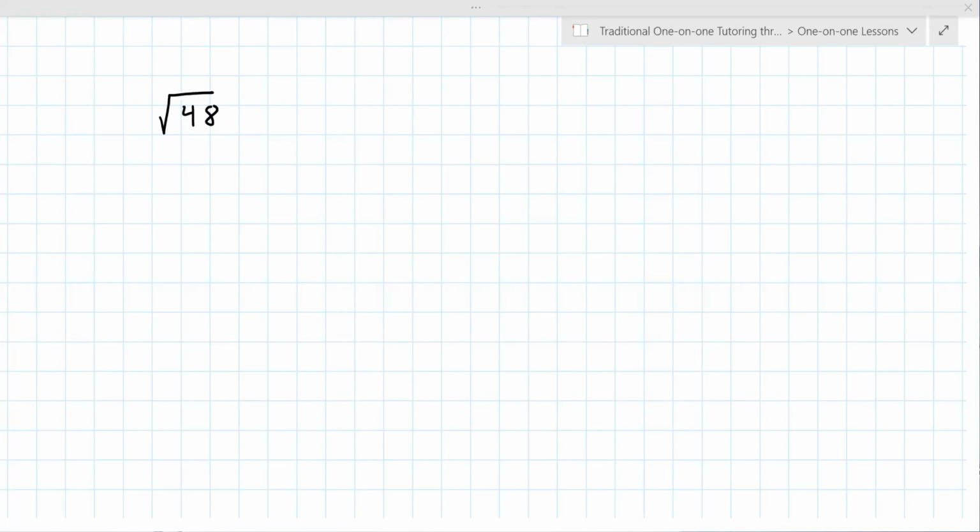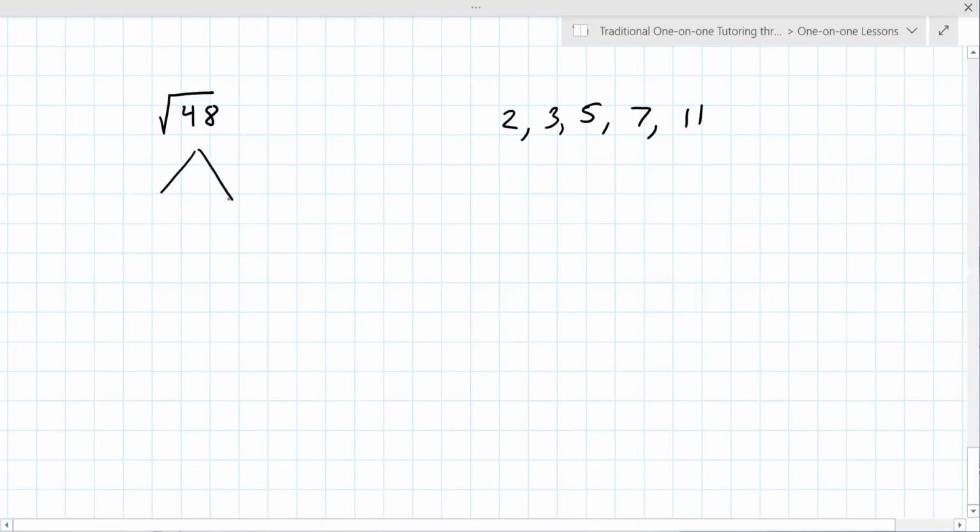All right, so let's take a look at the square root of 48. What is the smallest prime number? 2 is the smallest.